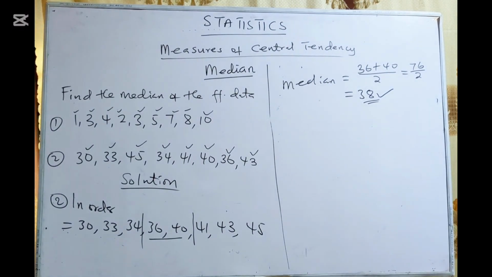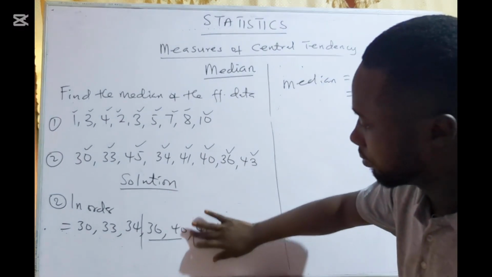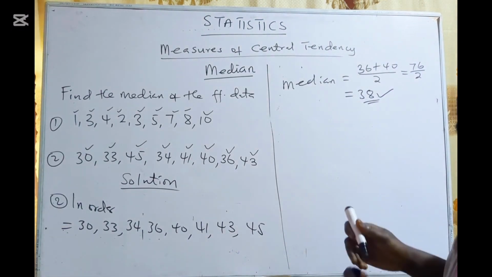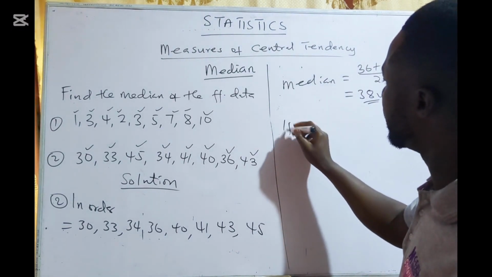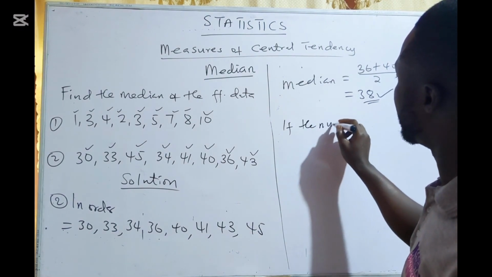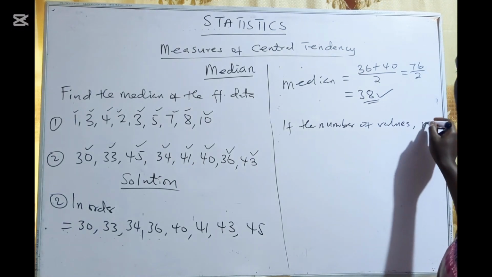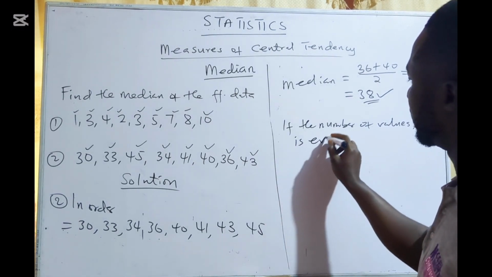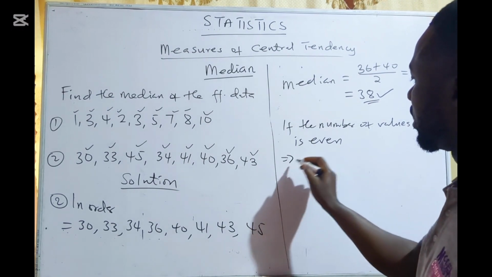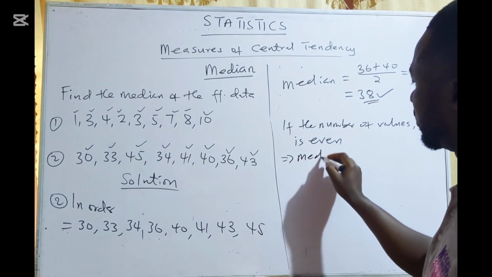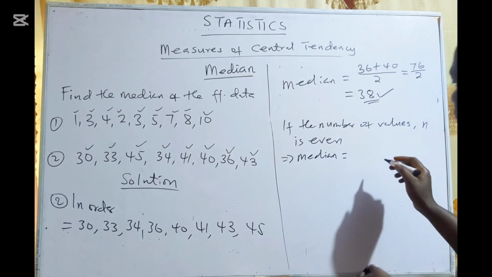All right. You can also go by the formula. If you want to go by the formula, then this is what. So if the number of values, that is n, is even, then our median is going to be what?